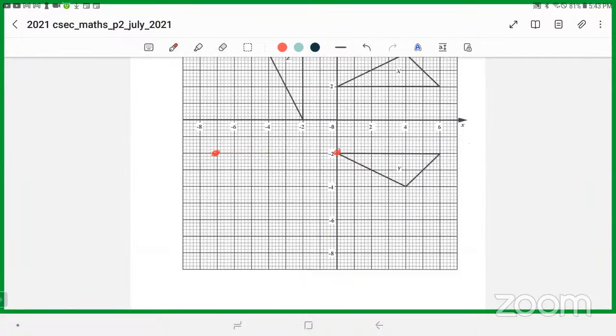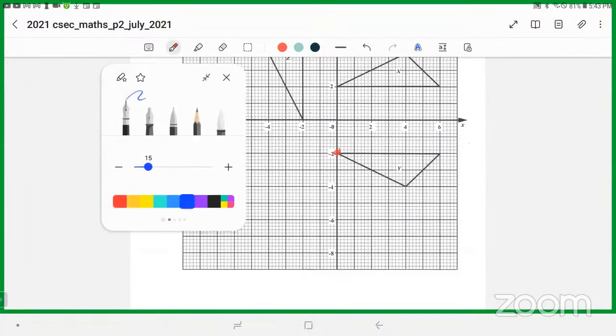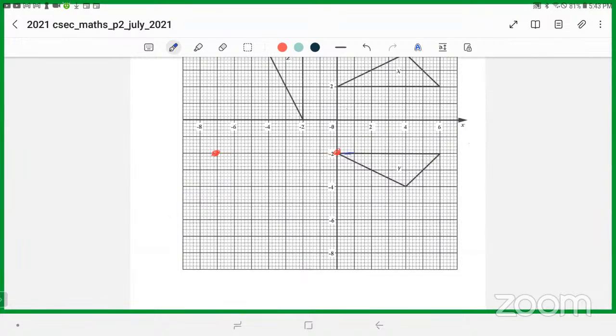And then common sense, you can fit in the rest. So that point is going there. This length stays the same. This length, which is 5 units, see? No, 6 units. This length is 6 units. It stays 6 units, so you can literally draw about that 6 units line. So from here, 6 units, 1, 2, 3, 4, 5, 6.